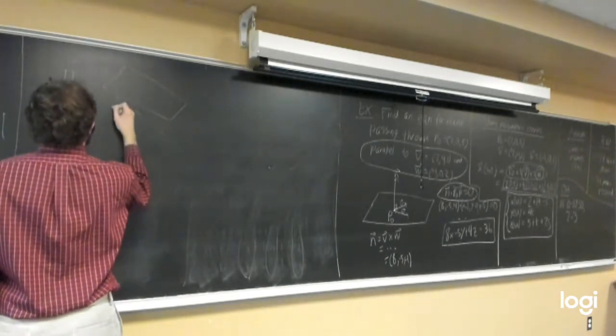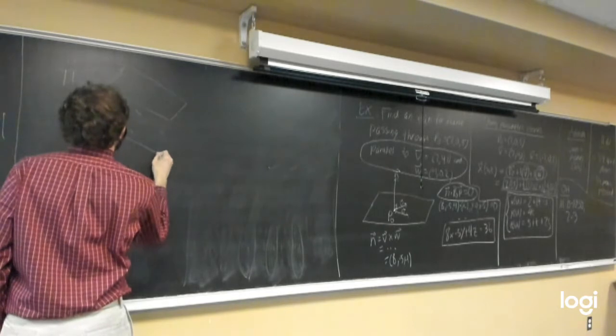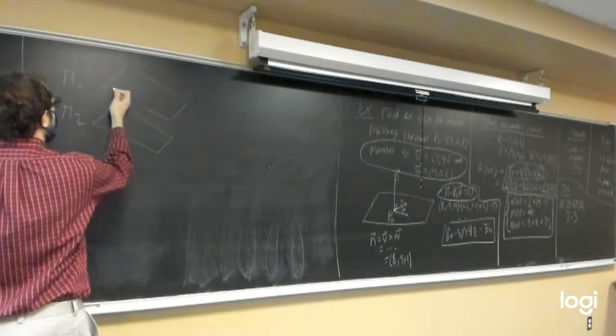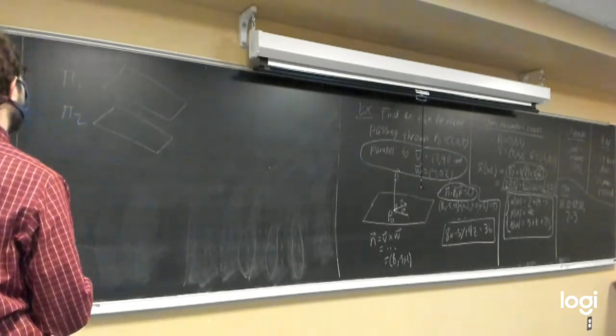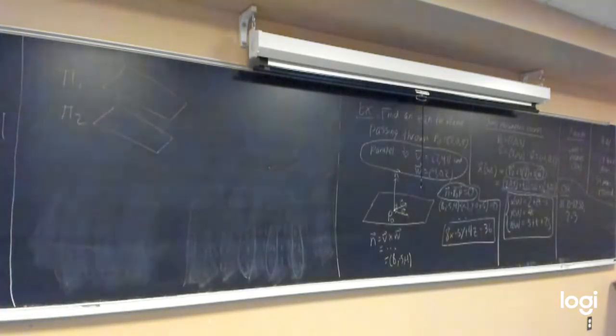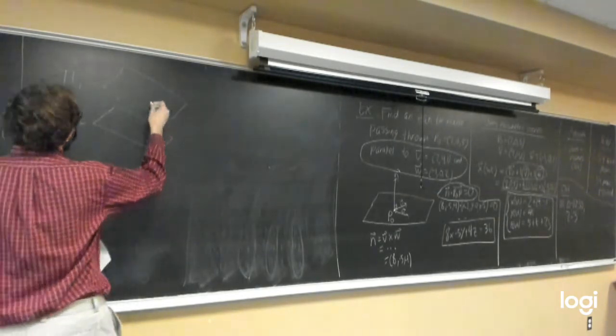Let's try to do this a little better. It's a little better. So let's say we have two planes, pi1 and pi2, and we want to say what would be a condition we could put on those two planes that would make them parallel.